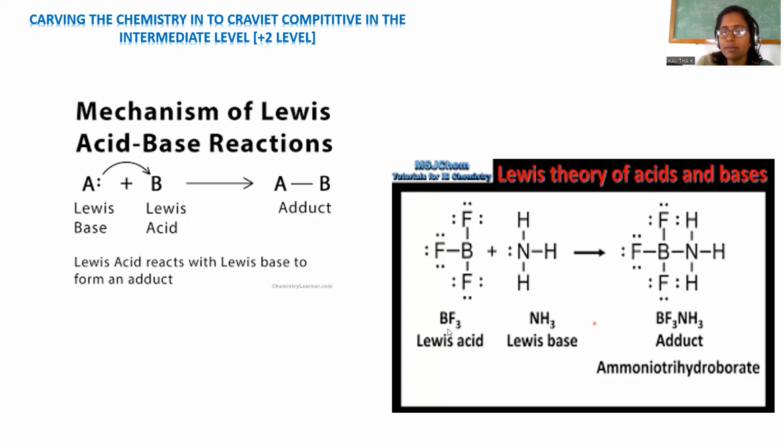Boron trifluoride is the simplest example for the Lewis acid, where 1 vacant orbital will be present on its valency shell. At the same time, ammonia is called a Lewis base, where lone pair of electrons will be there in its valency shell, which are ready to release. So that they're able to form a coordinate covalent bond among these two. And nitrogen is releasing electrons, hence we can clearly say it is the Lewis base.